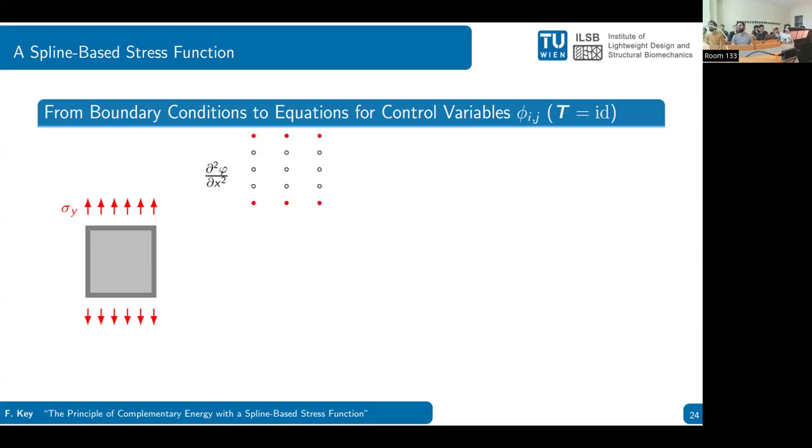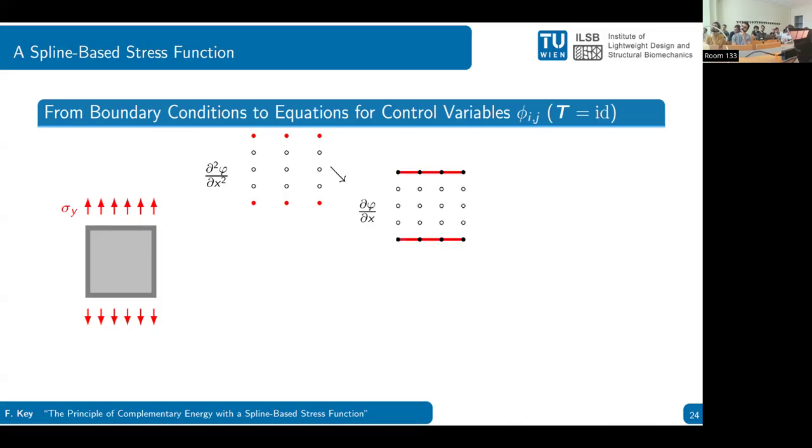Then the control net for the second order derivative of the spline would look like this for a specific case. And in this case, we can just interchangeably use x and xi because the mapping is the identity. So prescribing this stress tensor component here would lead to conditions for those control variables that define the value of the stress function on the boundary.